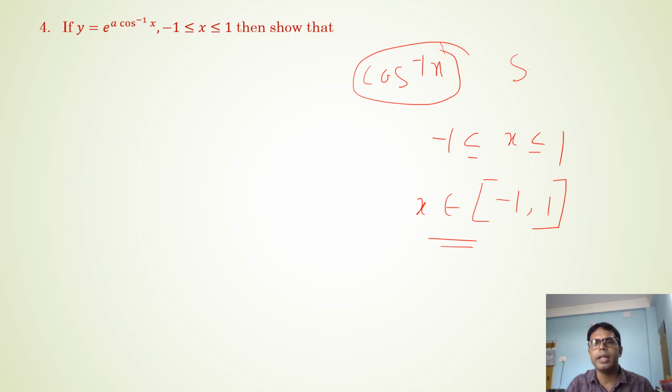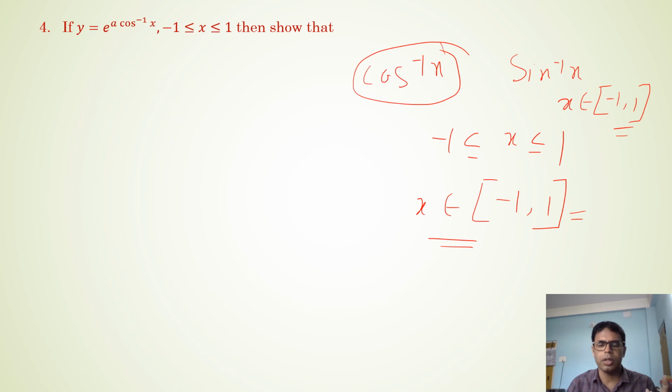Similarly, in case of sin inverse x, this function is also defined if x belongs to minus 1 and 1. These are the domains of the inverse trigonometric sine and inverse trigonometric cos. There are so many functions, that means inverse trigonometric tan, cot inverse, sec inverse, cosec inverse.